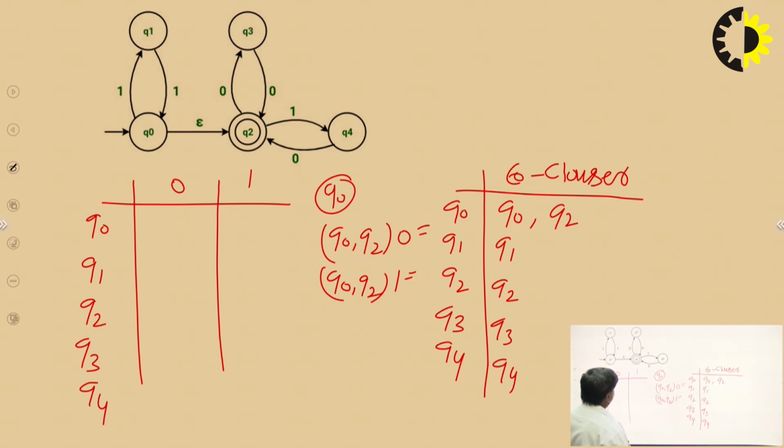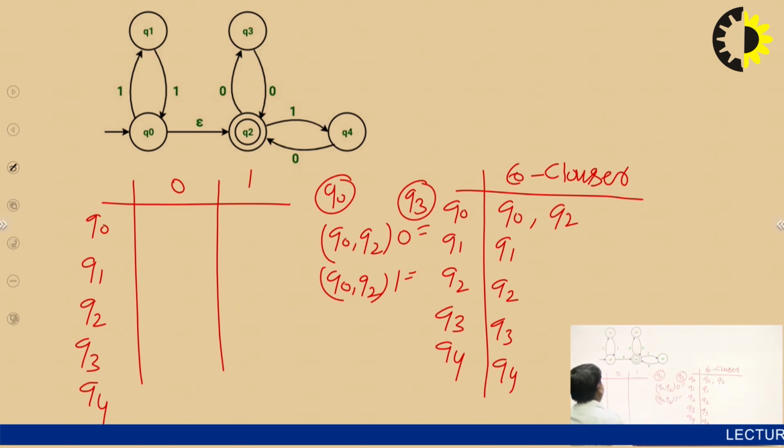Okay. Now Q2, yes, on Q2 a transition is available. Now Q3, and for 0 transition only Q3 movement is possible. So here is Q3.